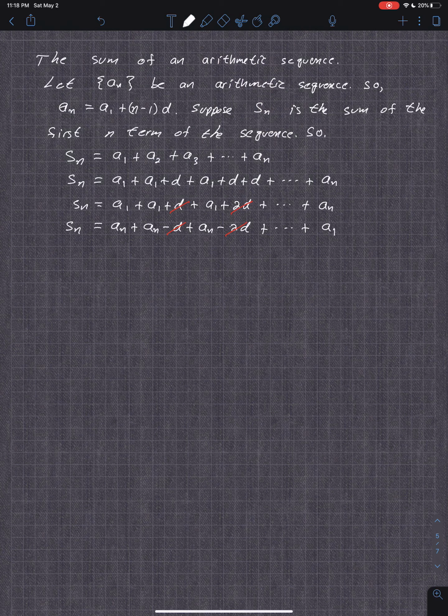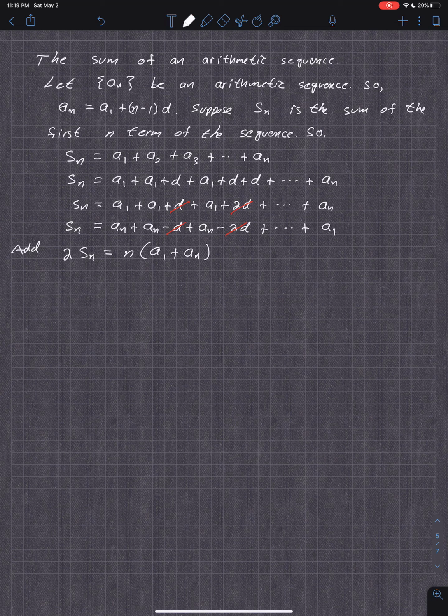So you add those two equations and you get 2s sub n is equal to basically n of the a1 plus a sub n's. So there's 1, 2, 3, all the way to n of them. And all the d's have canceled essentially.